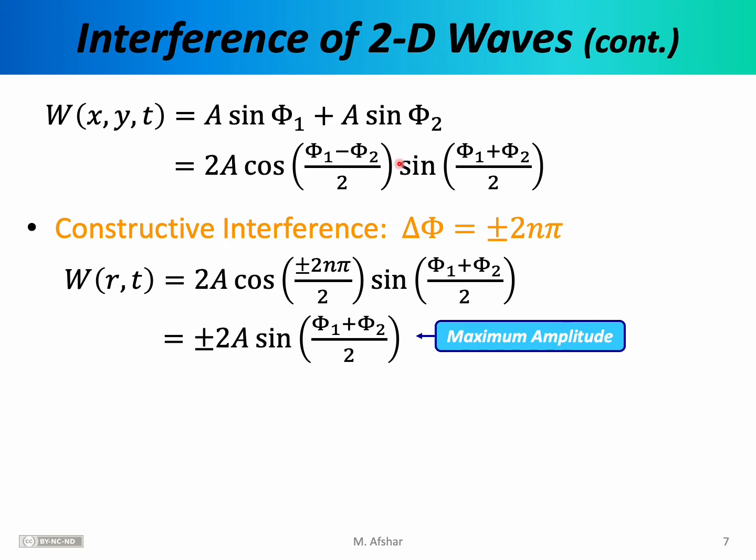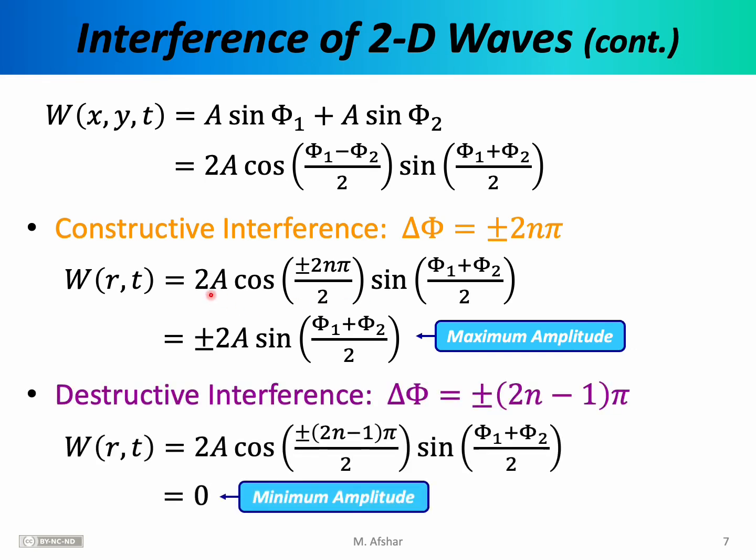When the cosine function takes on its optimal value, we can say that the resultant has its maximum amplitude. That happens when the numerator is basically equal to an even number of pi's. It doesn't matter if it's plus or minus. The point is that the cosine function takes its optimal value, and so the displacements as dictated by the amplitude are going to be the biggest.